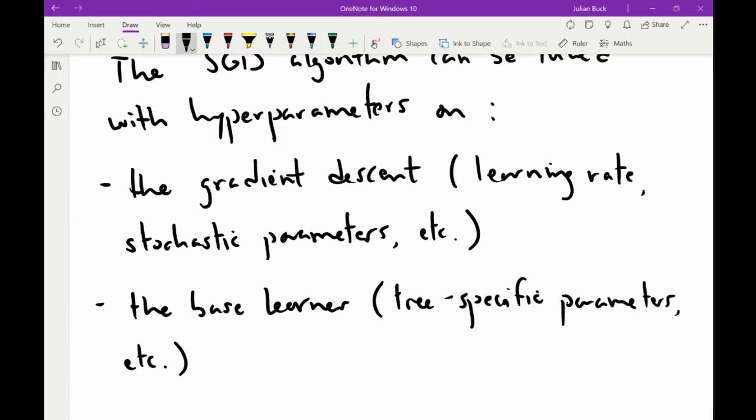So in particular, we can tune number of trees, we can tune depth, all sorts of other options. Remember, when we're doing gradient boosting, we're typically using shallow decision trees as our base learners. Okay. So all of this can be tuned, as we'll see two weeks from now.